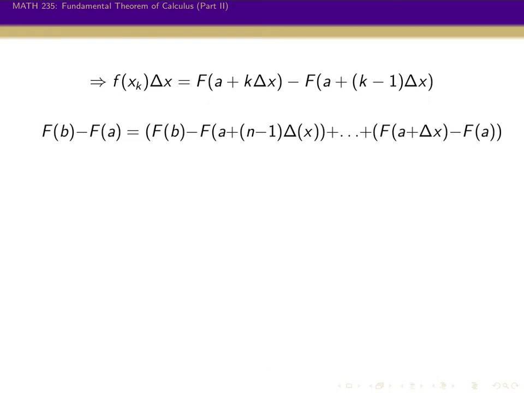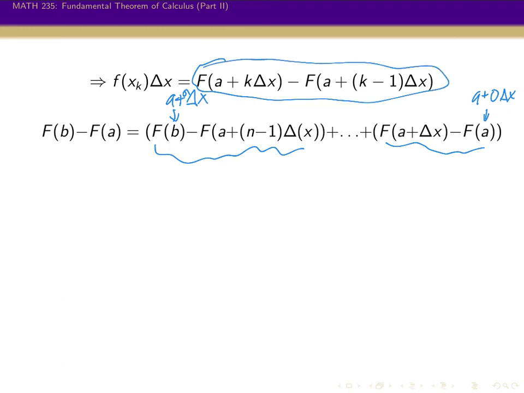Now f of b, remember, b really is a plus n times delta x, and f of a we can think of as a plus 0 times delta x. And you see that each of these differences looks exactly like the differences that we get from the mean value theorem.